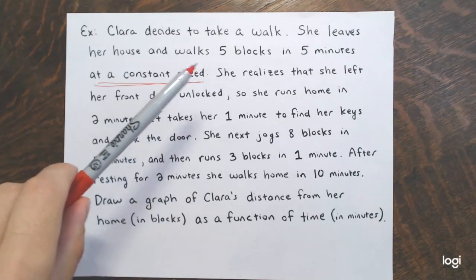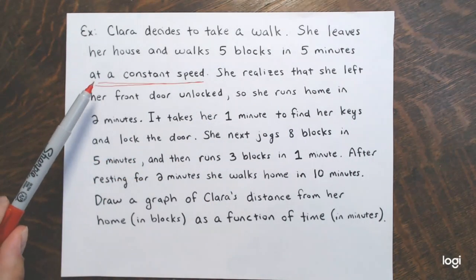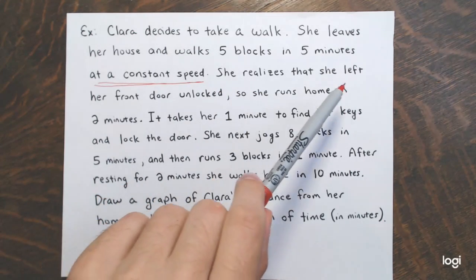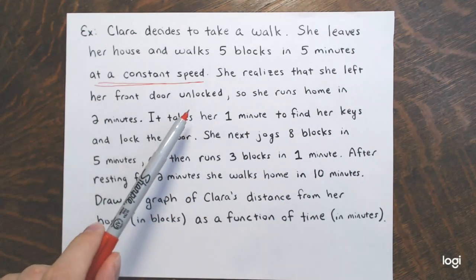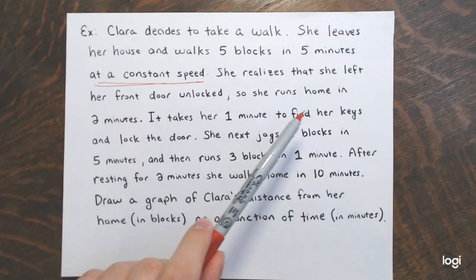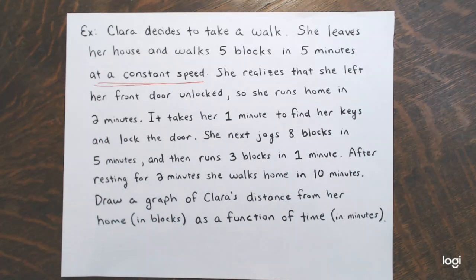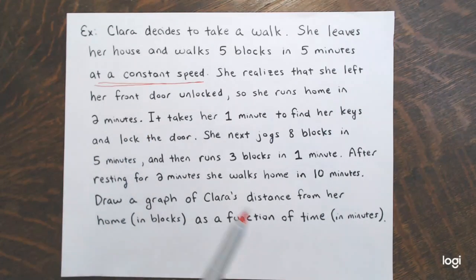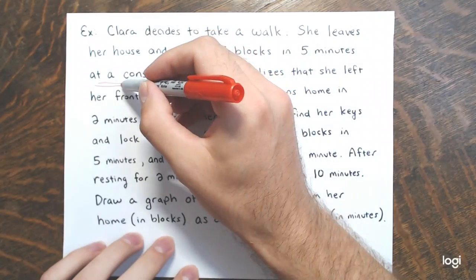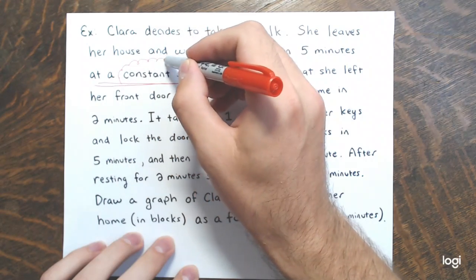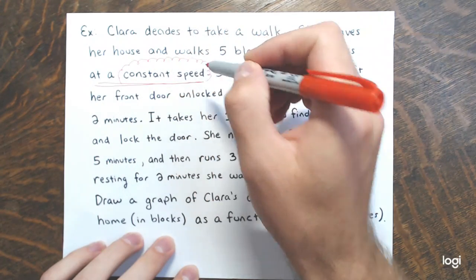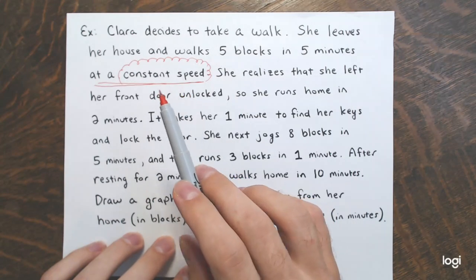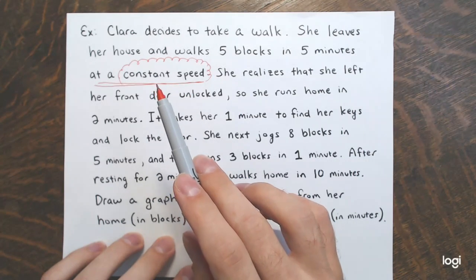So she leaves her house and walks 5 blocks in 5 minutes at a constant speed. She realizes that she left her front door unlocked. So she runs home in 2 minutes. All right. And I'm going to assume, again, being that it is an intermediate algebra text I am pulling this from, that anytime she's walking or running, it's going to be at a constant speed.